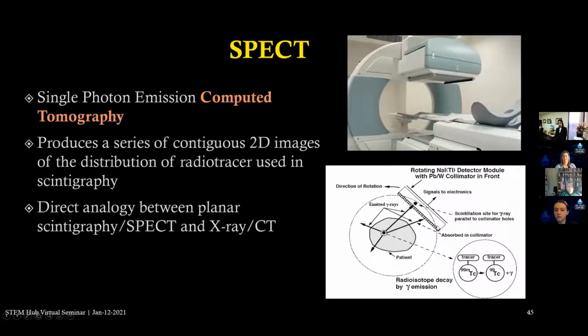So these are the detectors, and it continuously records the activity by capturing projections from different angles. Then you can reconstruct your images with different image reconstruction algorithms. So as I said, it's very similar to CT, but in this case, you're using radionuclide as your energy source.